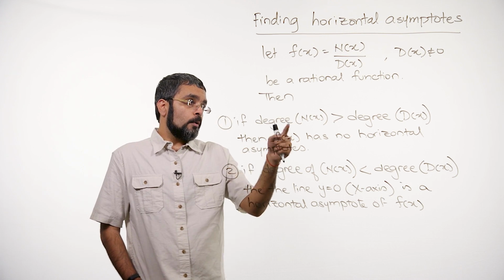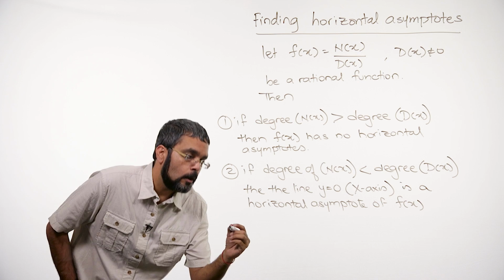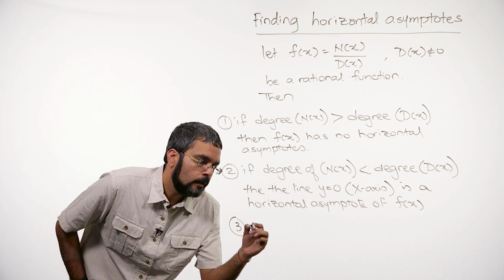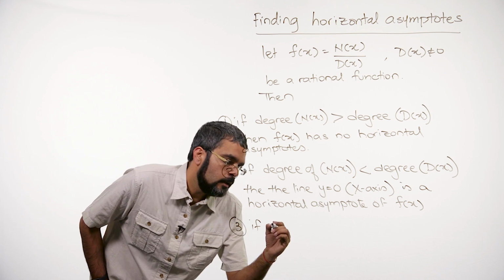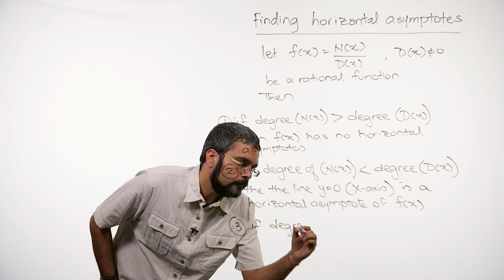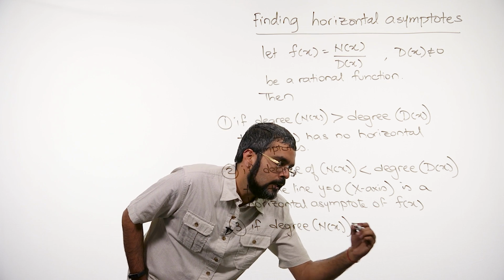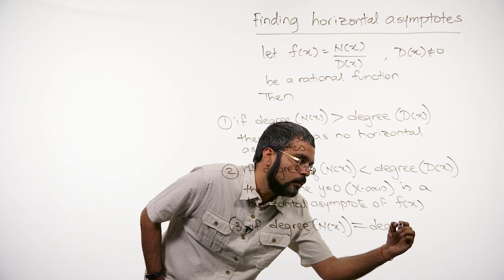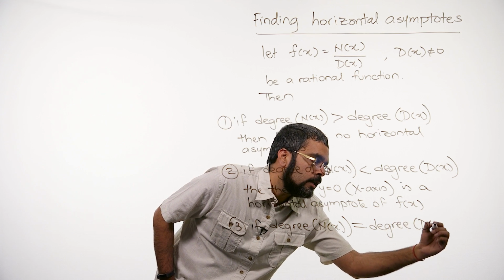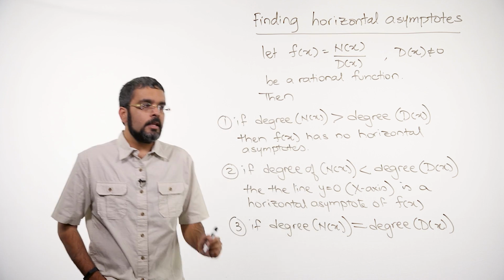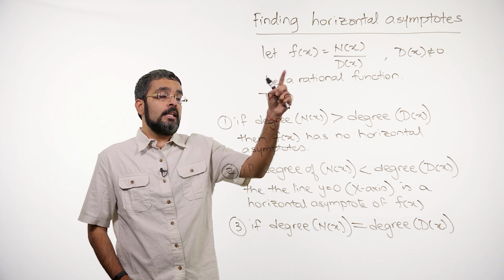And then obviously there's one more case left. What if they had equal degrees? If the degree of the numerator, or N(x), is equal to the degree of the denominator, or D(x), we get the horizontal asymptote by dividing their leading coefficients.